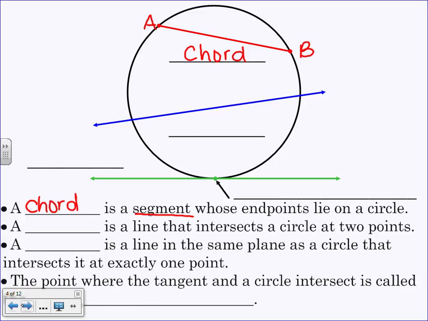Then, a secant is a line that intersects a circle at 2 points. So remember, a line extends in opposite directions forever.